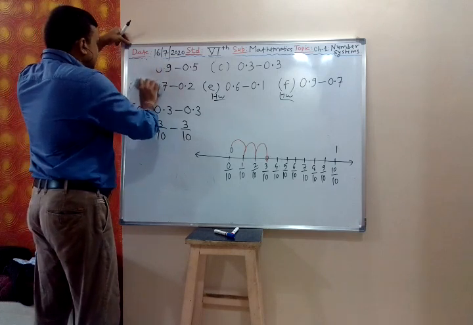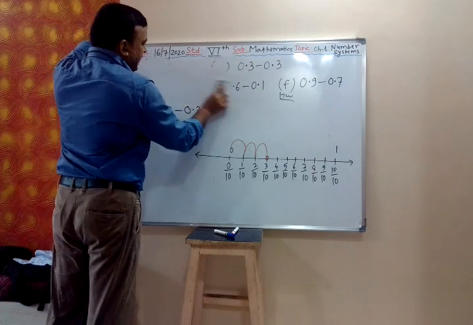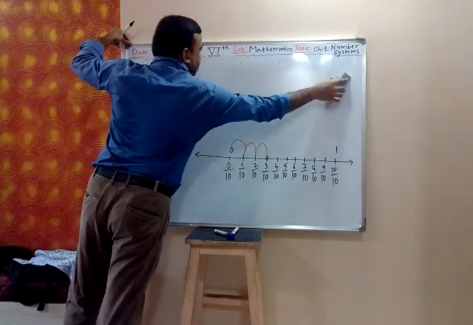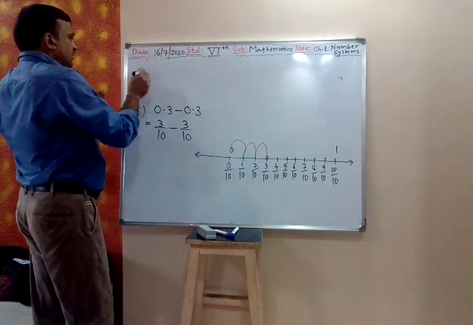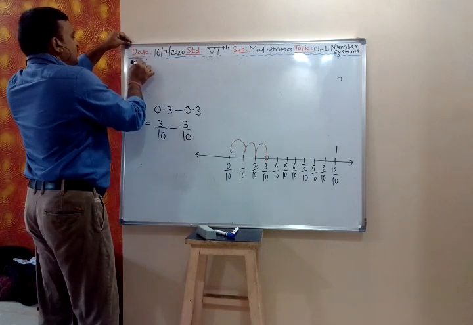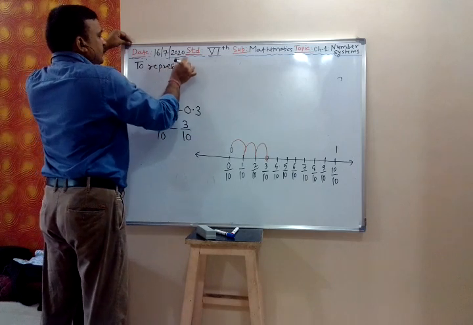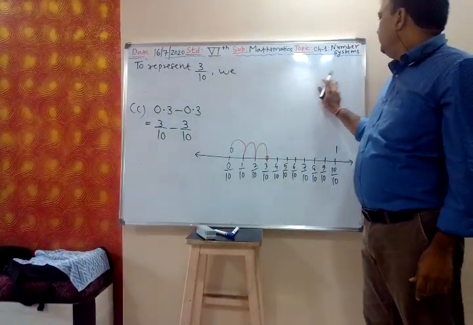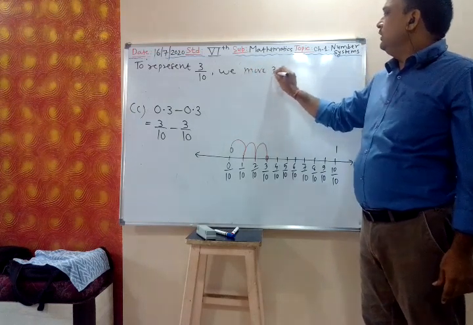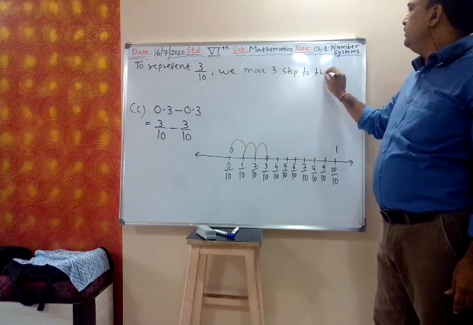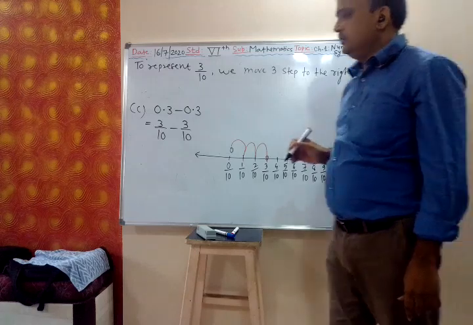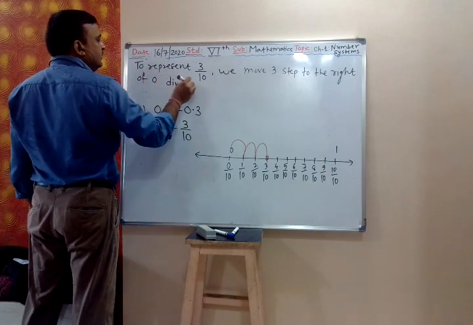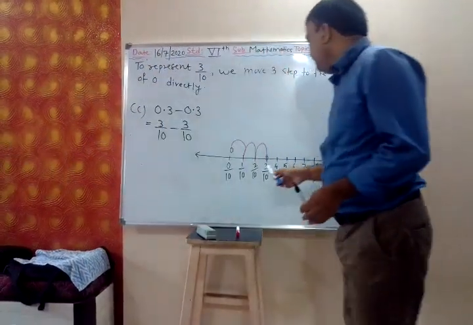So to represent 3 upon 10, we move 3 steps to the right of 0. 3 upon 10 plus 3 upon 10.